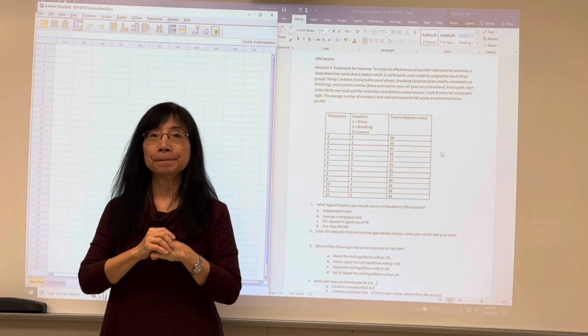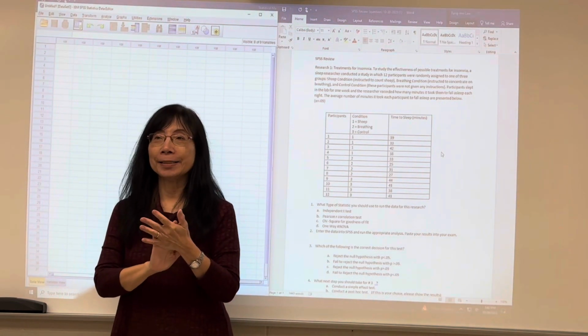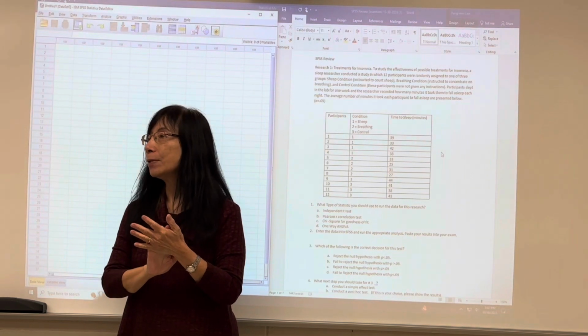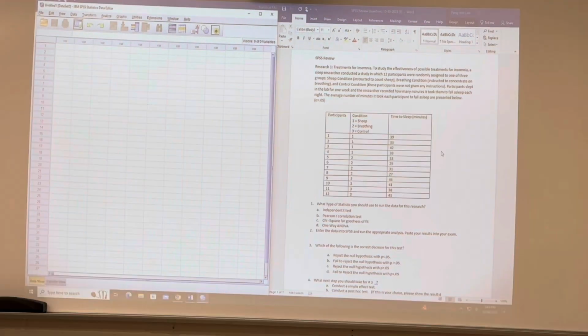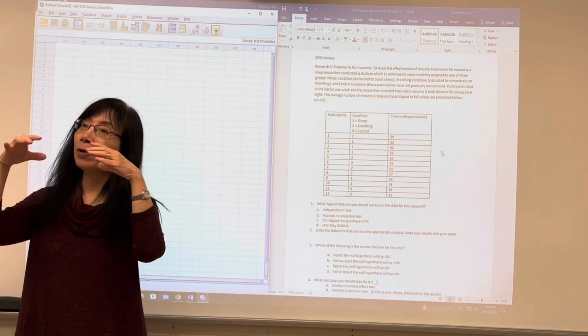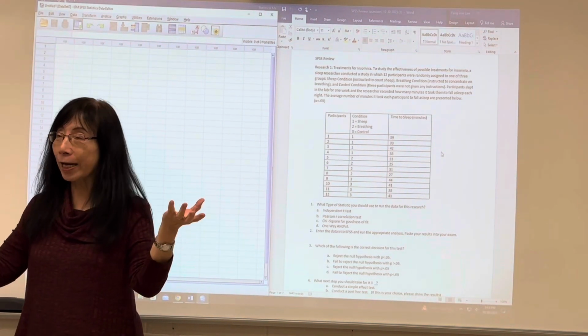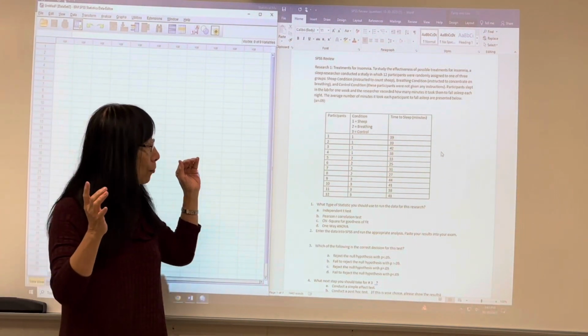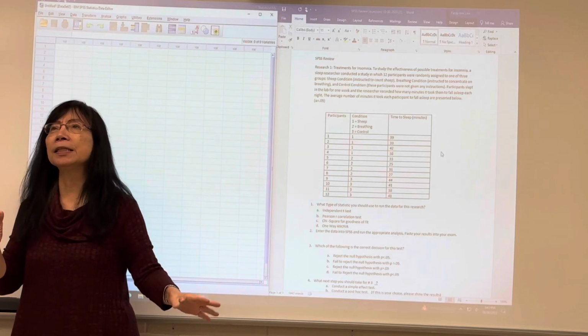Why one-way ANOVA? How many groups? 3. And are we comparing or looking at the relationship? We are comparing, and there are three groups, so we know we should not do an independent t-test. Independent t is only for two groups.